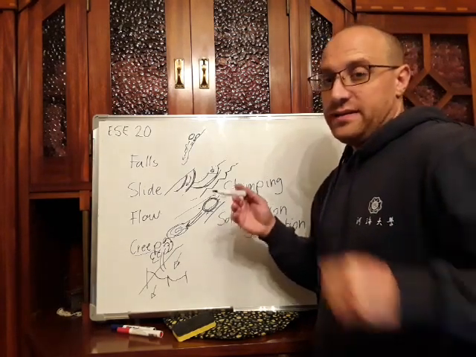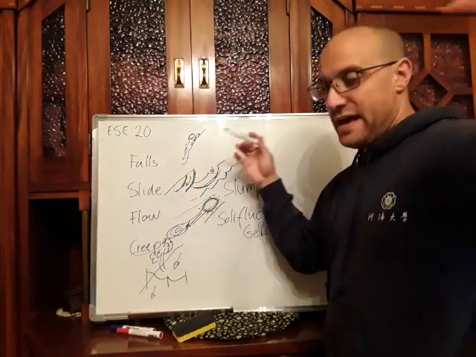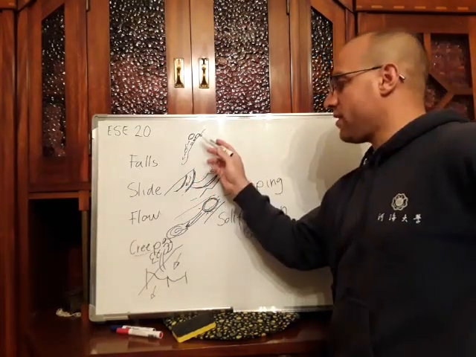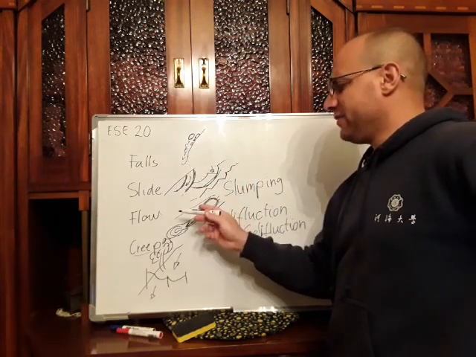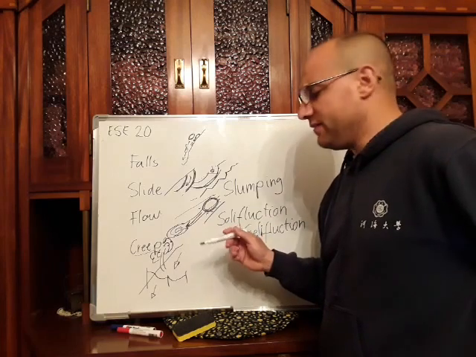We also say that the size matters. So falls, even though we have a big boulder, a large piece of rock, compared to a slide or especially a flow or a creep, is relatively small.